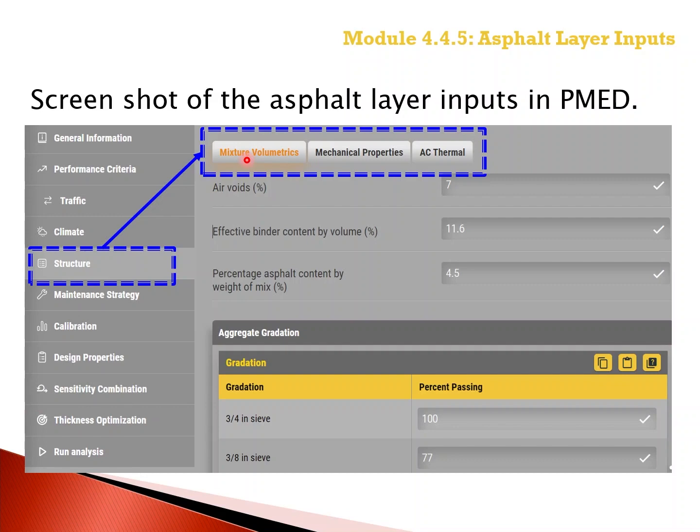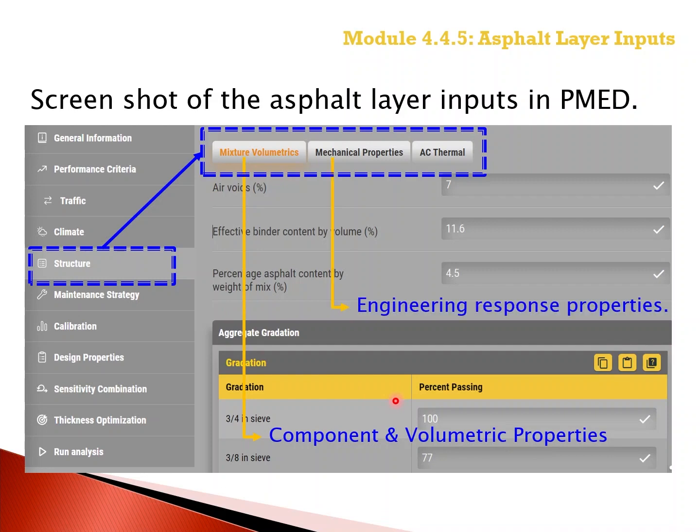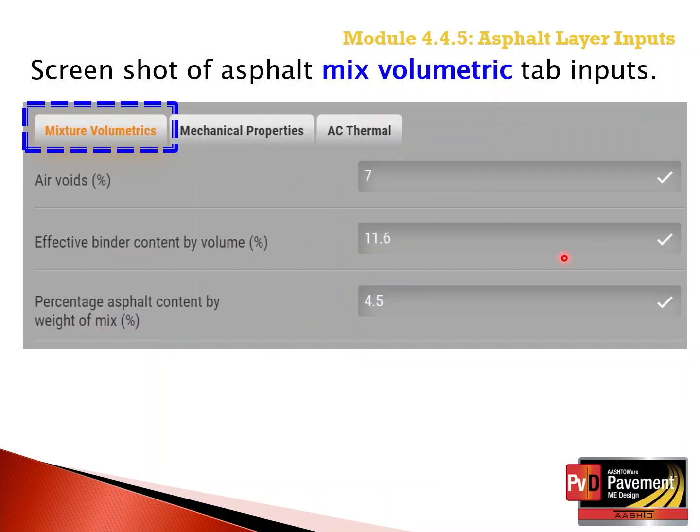The mixture volumetric properties on this screen include air voids, or will include the component and volumetric properties, and the mechanical properties are included under the engineering response properties, and the AC thermal tab includes the asphalt properties.